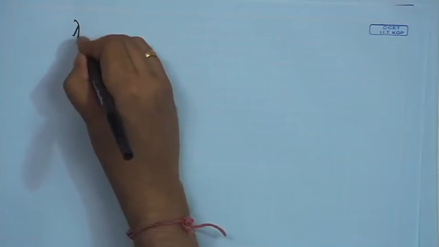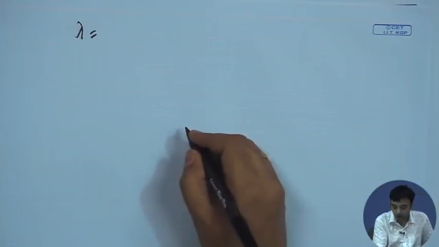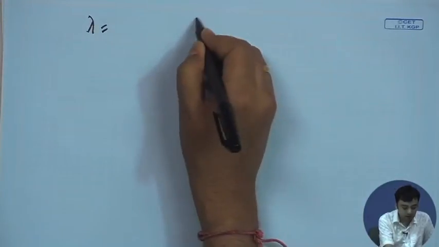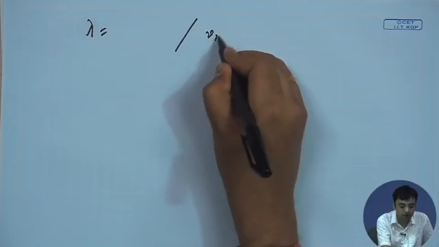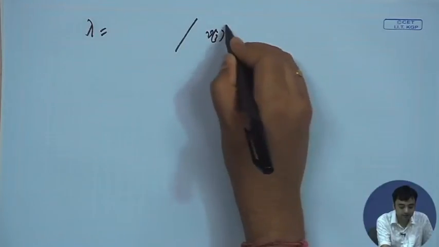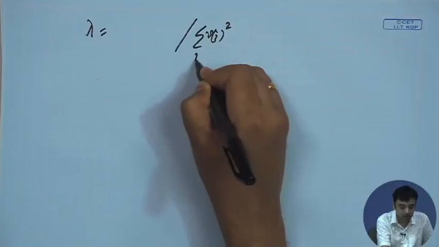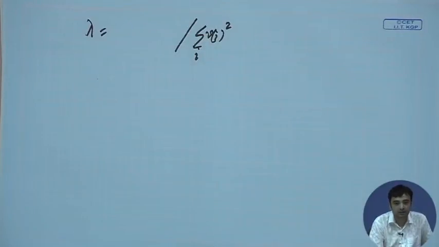We can further rewrite lambda as, the denominator V transpose multiplied by V is nothing but the square of Vi's, sum over all i's basically.